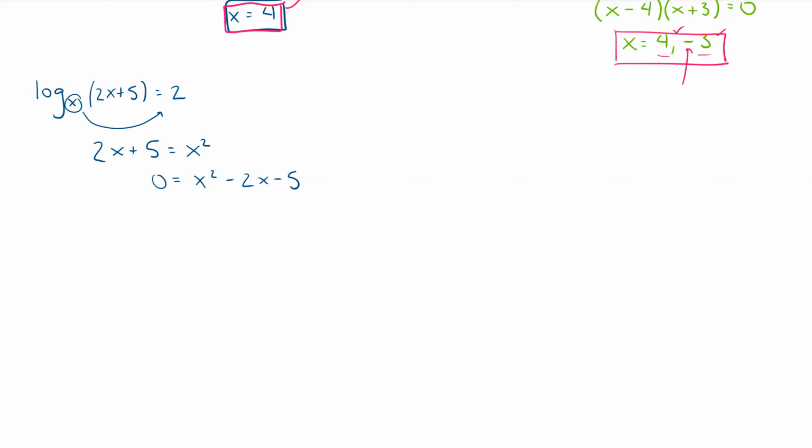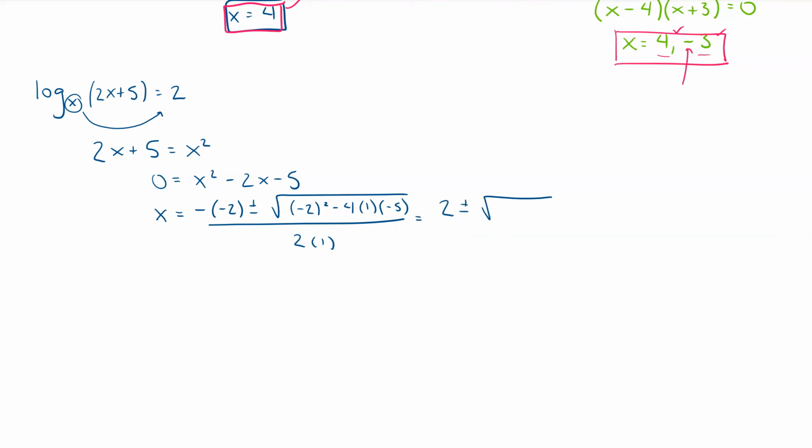I can try to factor it, but it's not going to factor. So I'm going to switch to the quadratic formula. I get x equals negative b plus or minus the square root of b squared minus 4ac all over 2a. That gives me 2 plus or minus the square root of 24 over 2.